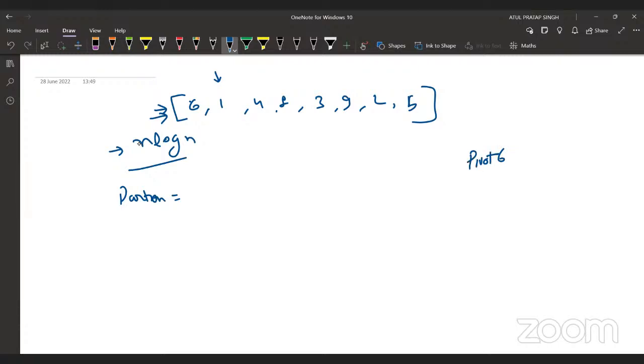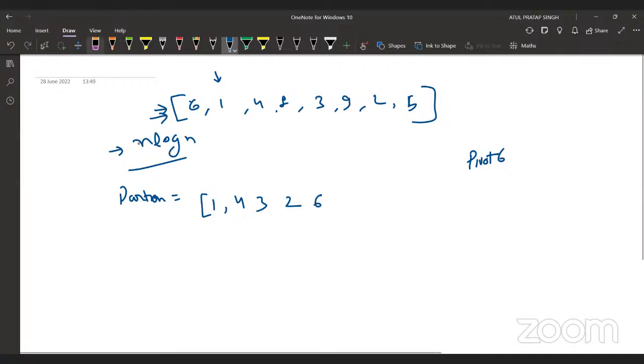Then we will apply the partition process. We will go through each element and compare which elements are less than this pivot and which elements are greater than this pivot. After completion of the partition process, all elements smaller than the pivot will come before it, so I'm assuming 4, 3, and then 2. These are the smaller elements compared to this 6, and then 6 will come here, and after that all the greater elements.